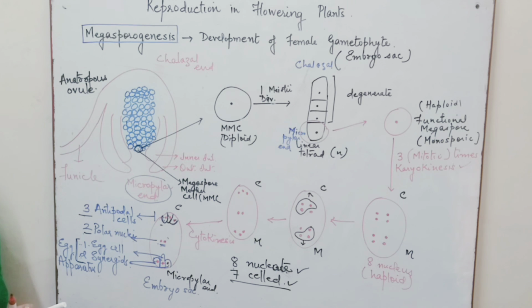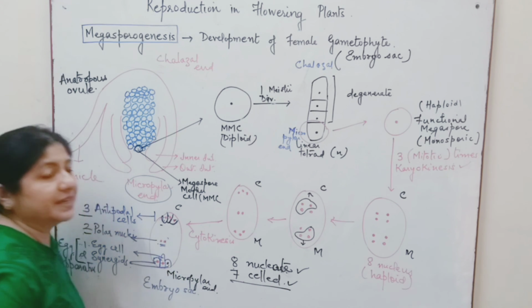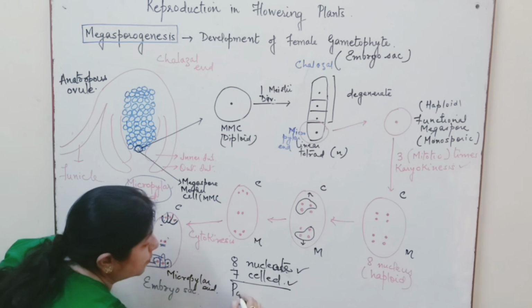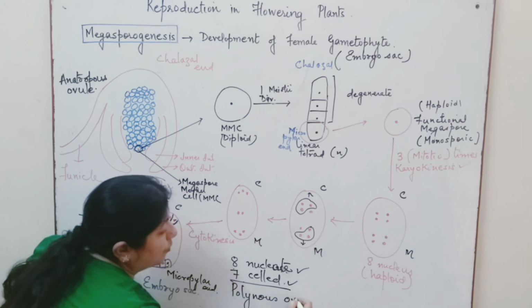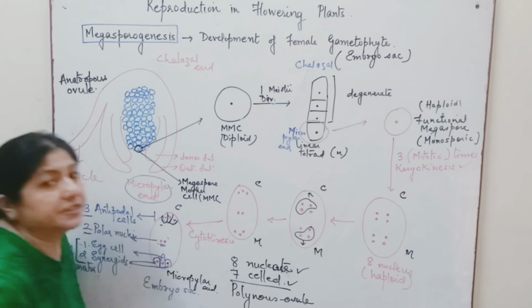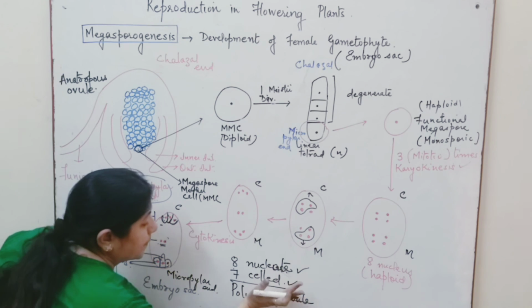This condition is known as the polygonum condition. When it is 8-nucleate and 7-celled, we call it the polygonum type of ovule.